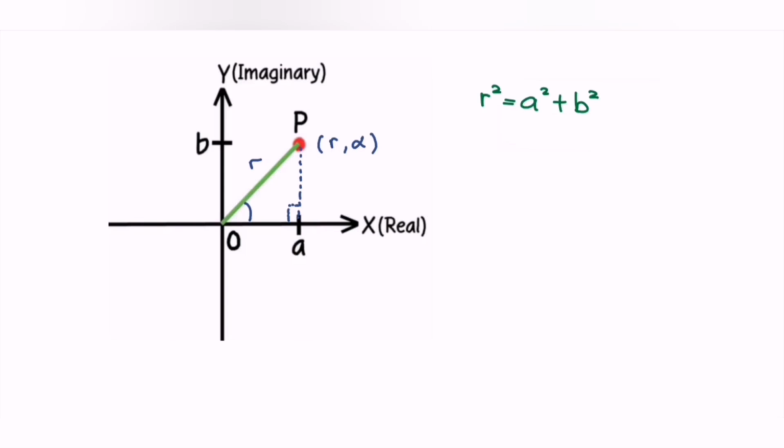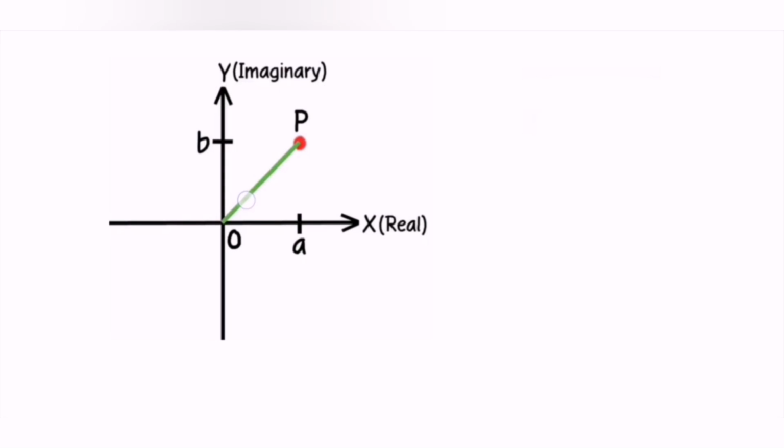So in order to find R, we can square root both sides. Then R is equal to the square root of A squared plus B squared. So we can say the absolute value of the complex number Z is equal to the square root of A squared plus B squared, or we can say it as R.